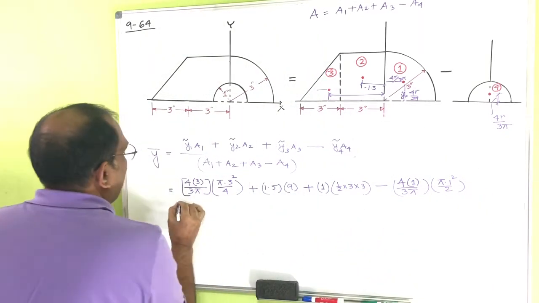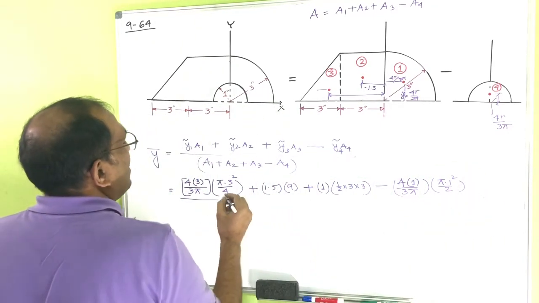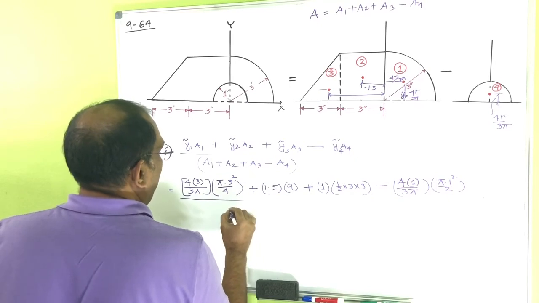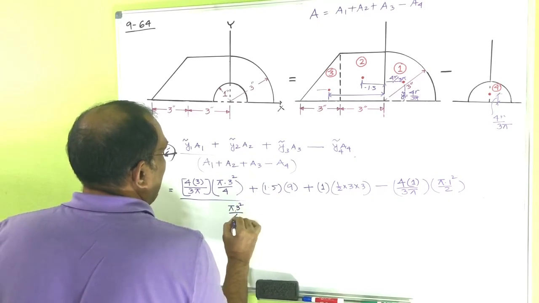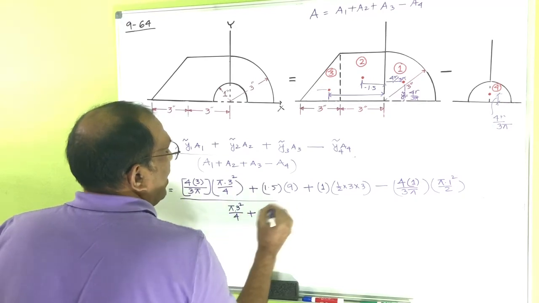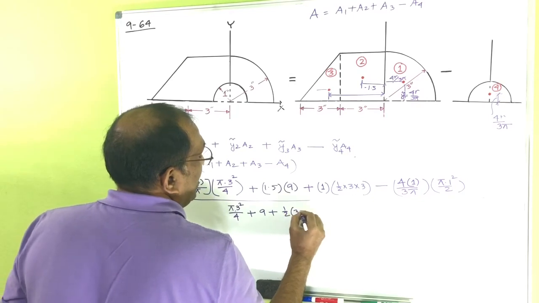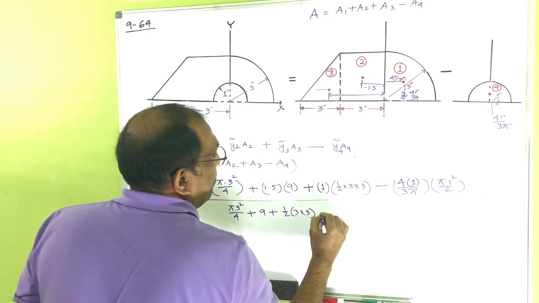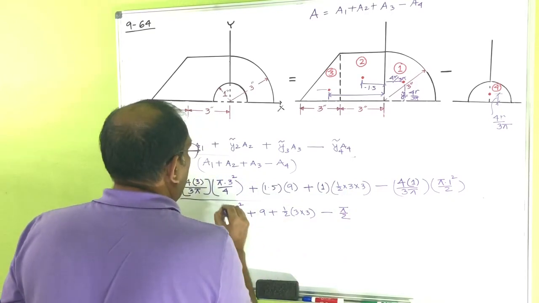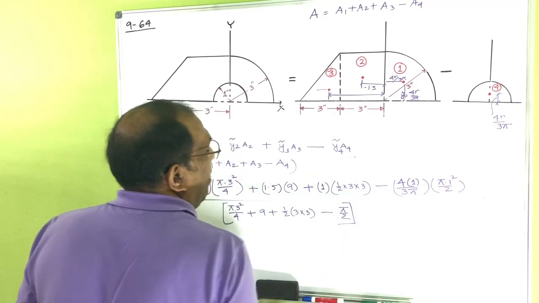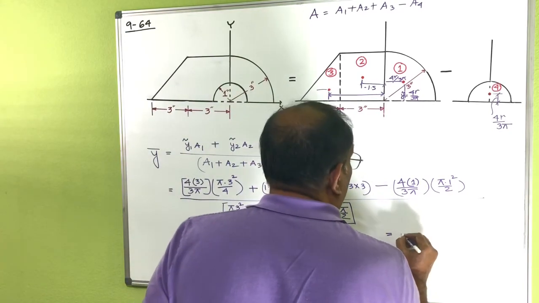Okay, divided by the area A1 plus A2 plus A3 minus A4, so pi 3 squared divided by 4 plus 9 plus half into 3 into 3 minus pi by 2. Okay, so this one is basically 1.39 inch.